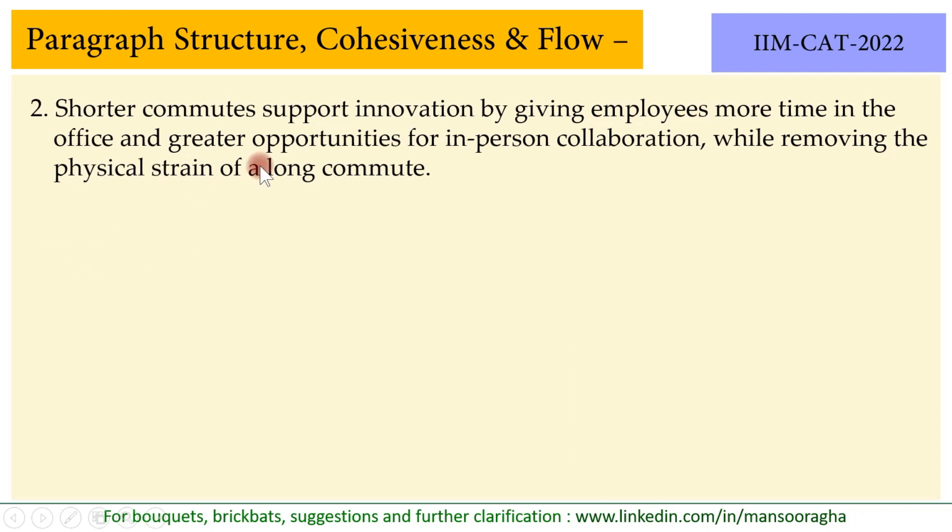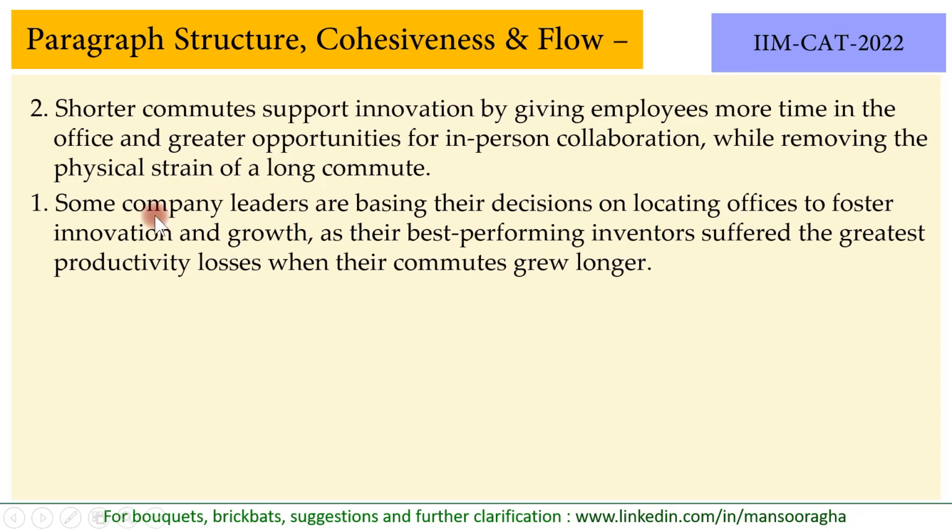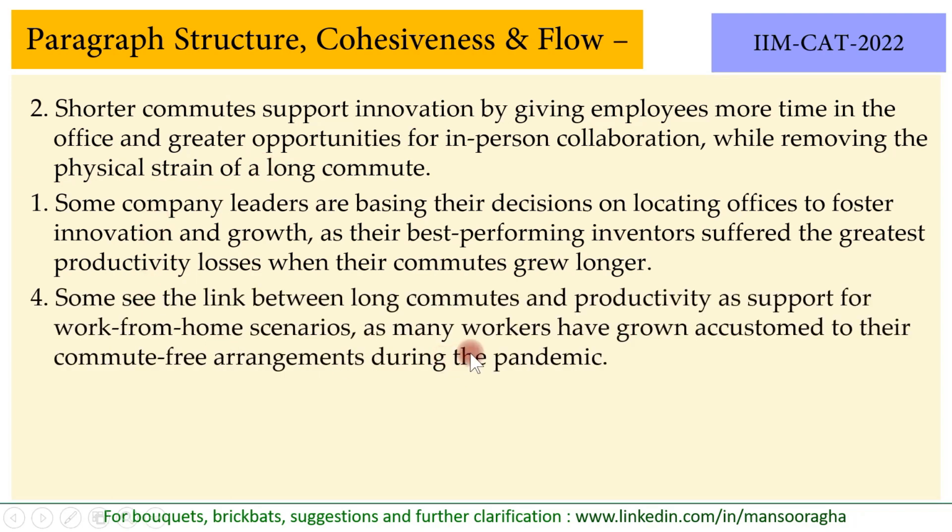Here, the first sentence, which is sentence number 2, gives you an observation or a cause or a rule of sorts. Its effect is given in the next sentence, which is sentence number 1. And then we have some kind of a doubt which is seeded in case of sentence number 4.